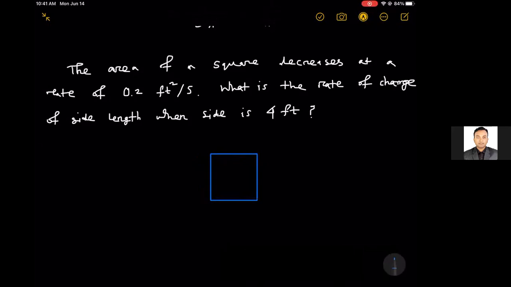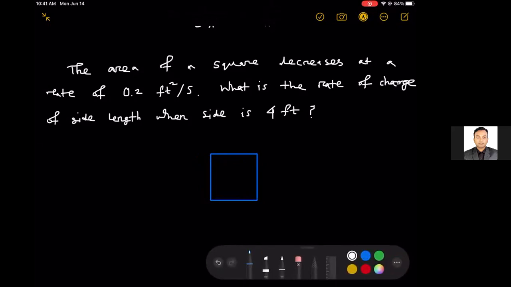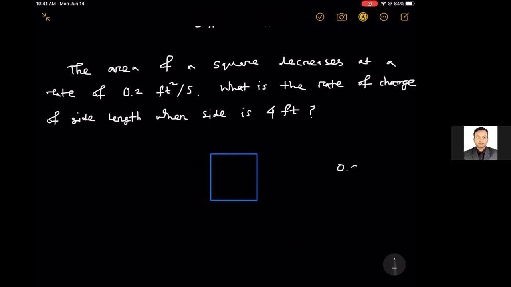And it says it is decreasing at a rate of 0.2 feet squared. I mean, the area, of course, you can eyeball it even from the units. Now, what is the rate of change of the side length when the side length is 4 feet? So these are all 4. Do you agree? Since it's a square, right? These are all 4. Do you agree?